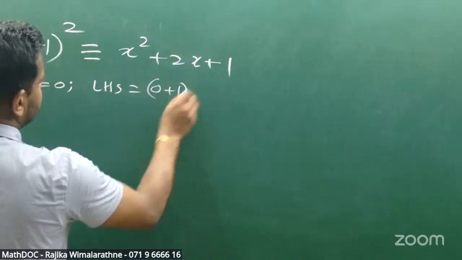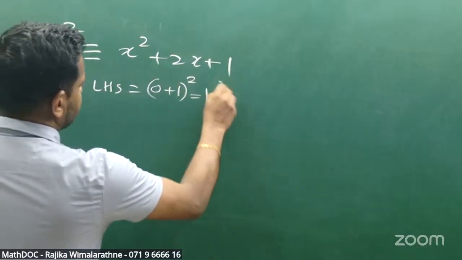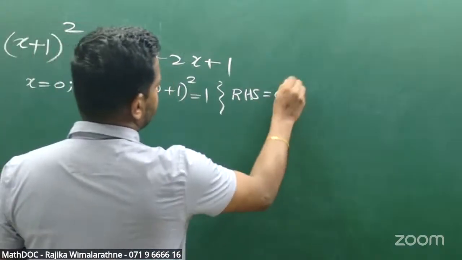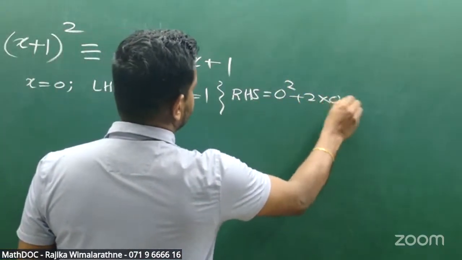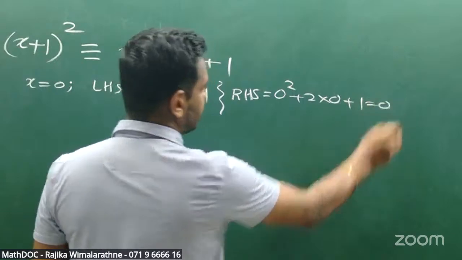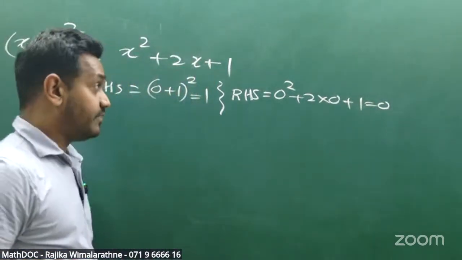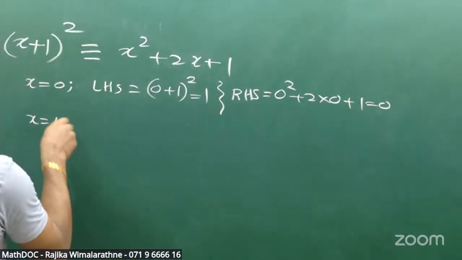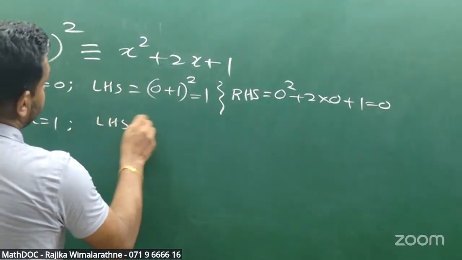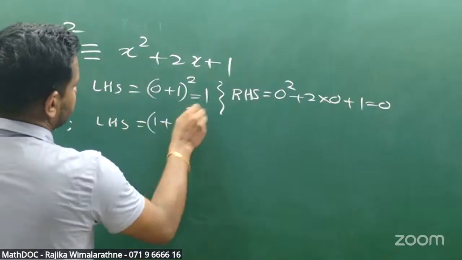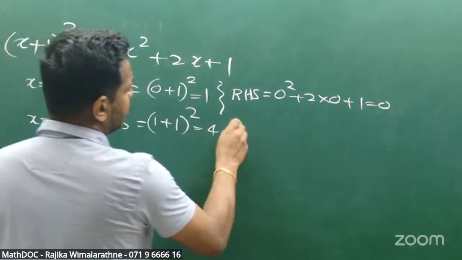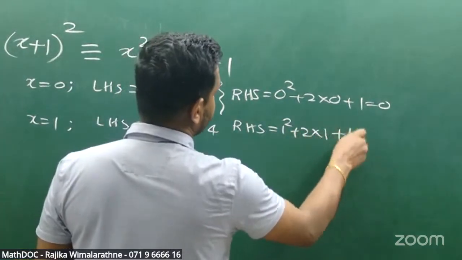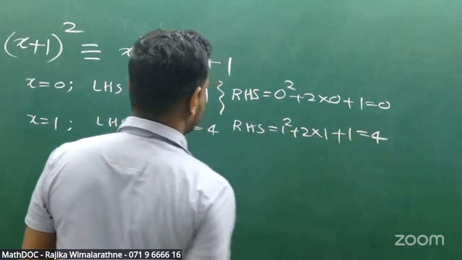Here, when you consider x equals 0, left hand side: 0 plus 1 squared, we get 1. Right hand side, you put x equals 0: 0 squared plus 2 times 0 plus 1, we get the same result. Then x equals 1: left hand side 1 plus 1 squared is 4; right hand side 1 squared plus 2 times 1 plus 1 is 4.